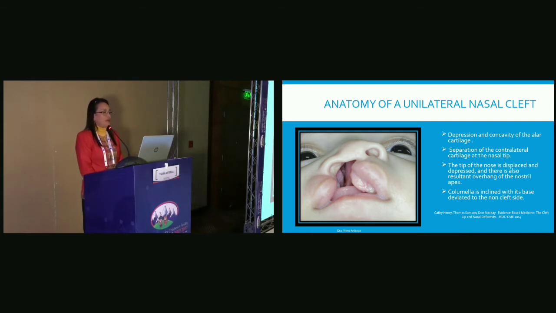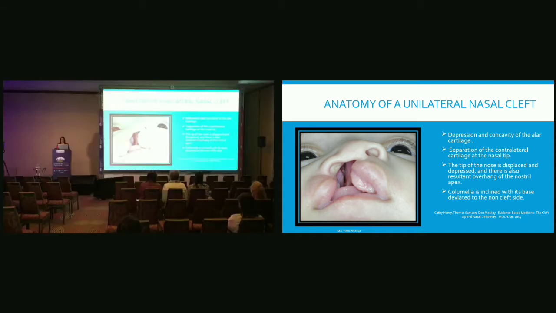So let's review some of the anatomy of a unilateral nasal cleft. As described by Dr. Donald Mackay, the lower alar cartilage, please see the picture, on the cleft side is depressed and concave.